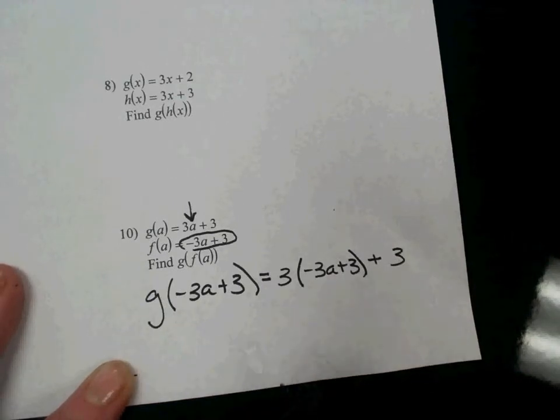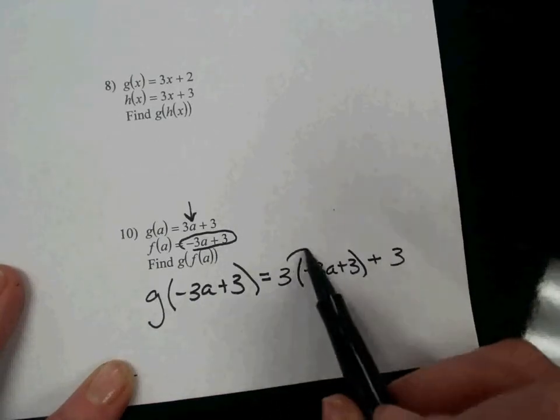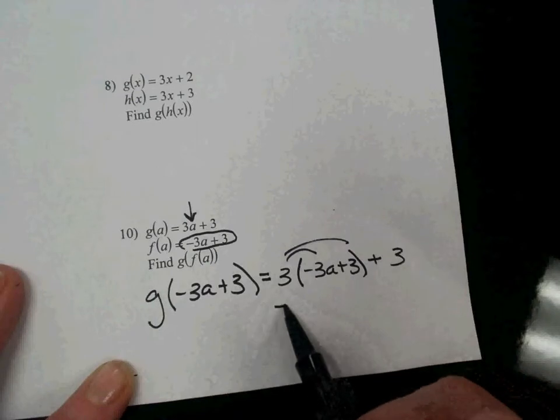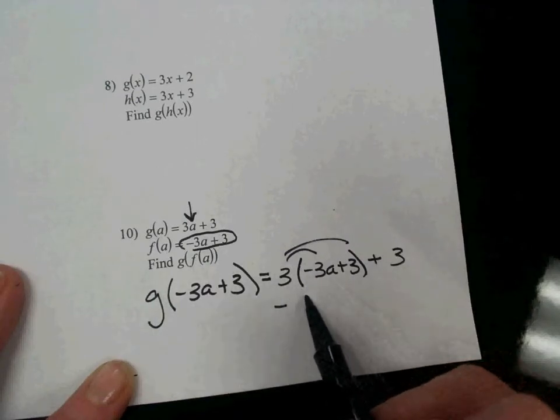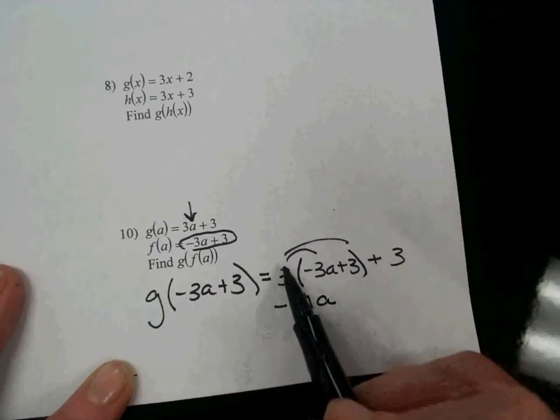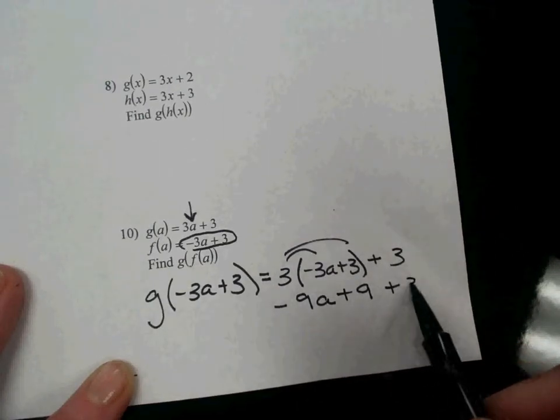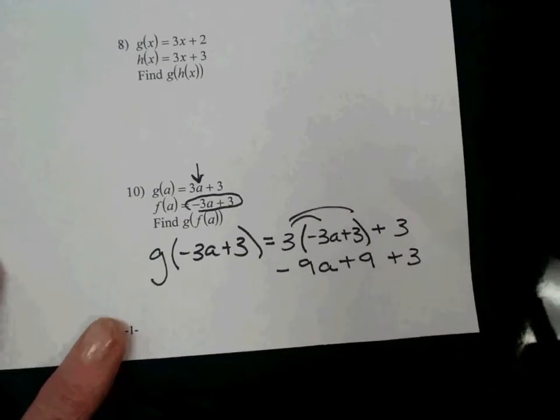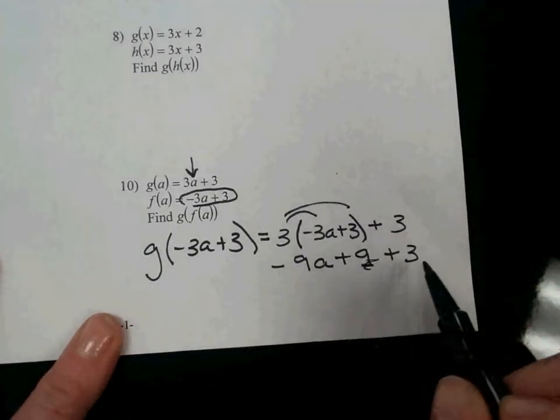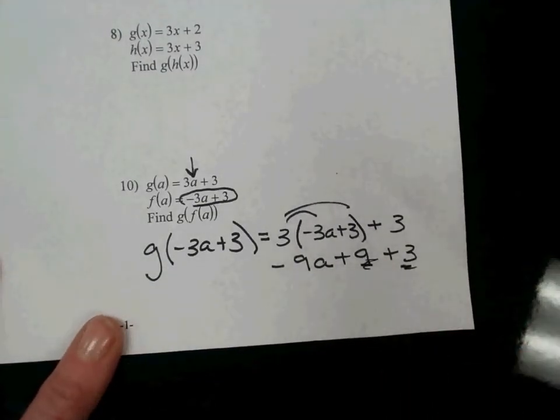What's my next step? Distribute, yep. Distribute the 3, so 3 times negative 3 is negative 9a, and then 3 times 3 is 9, and then we have our plus 3. We can combine the 9 and the 3, and what do we get? 12.